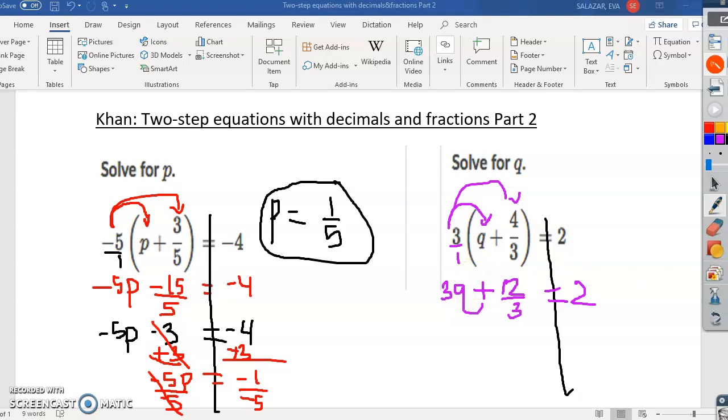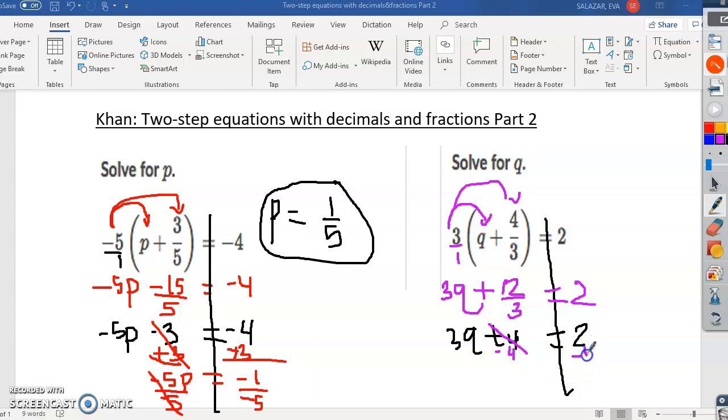So I'm going to go ahead and bring down my 3q because I can't do anything with that. Not yet. I'm going to go ahead and simplify. Plus 4 equals 2. And my next step is to get rid of that plus 4. And to get rid of that plus 4, I'm going to do minus 4. Whatever I do to one side, I'm going to do to the other.